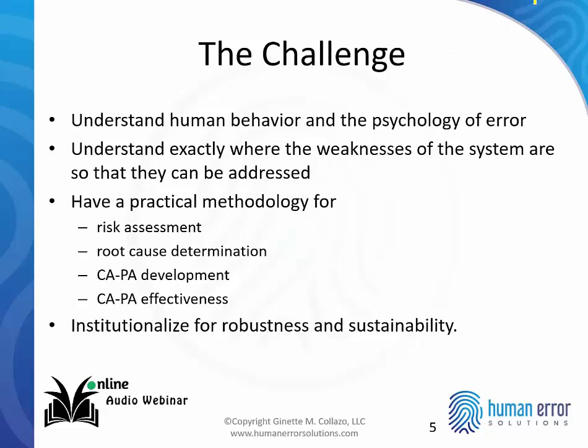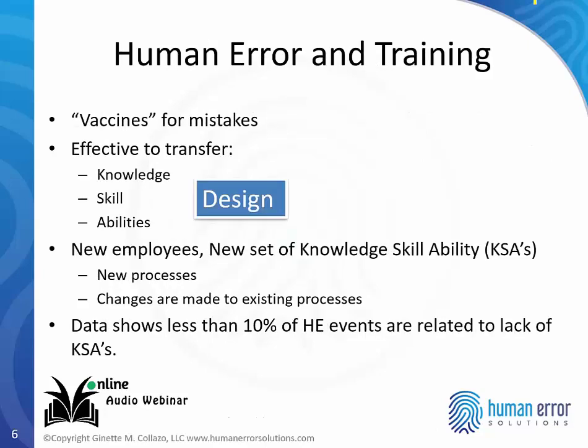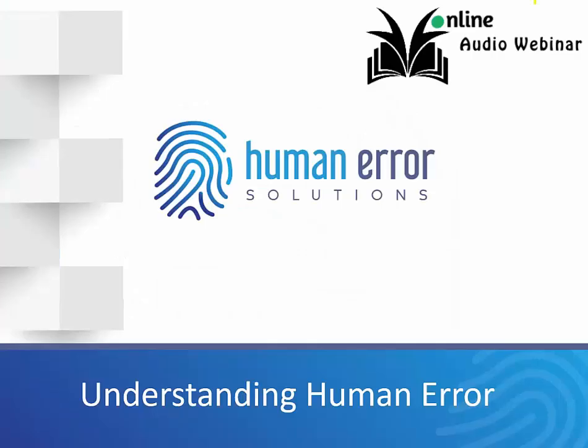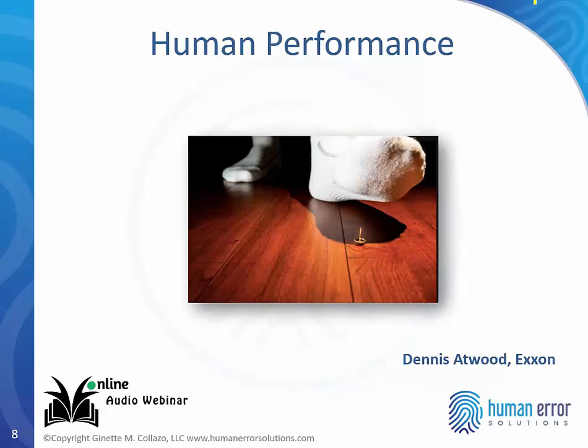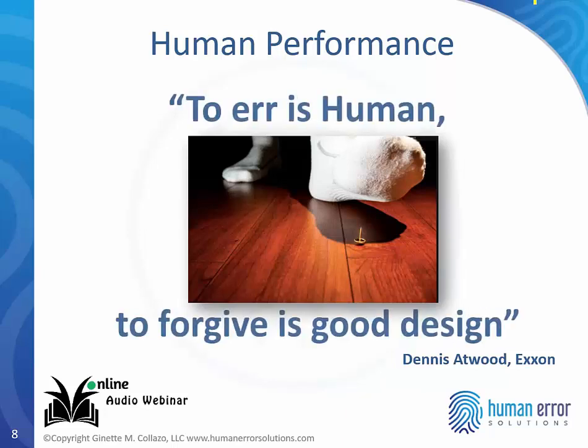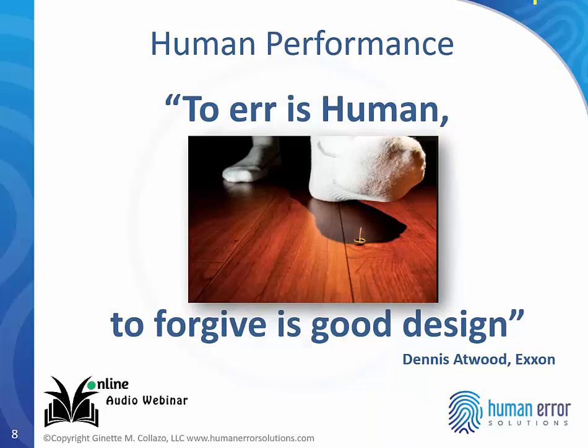So the challenge that you are going to have, and now let's talk about training so we can get that out of the way. Human error, we know that if the person has been trained, qualified, they have everything. If we miss something, okay, so human performance, your job is to design errors out. To err is human, to forgive is a good design.